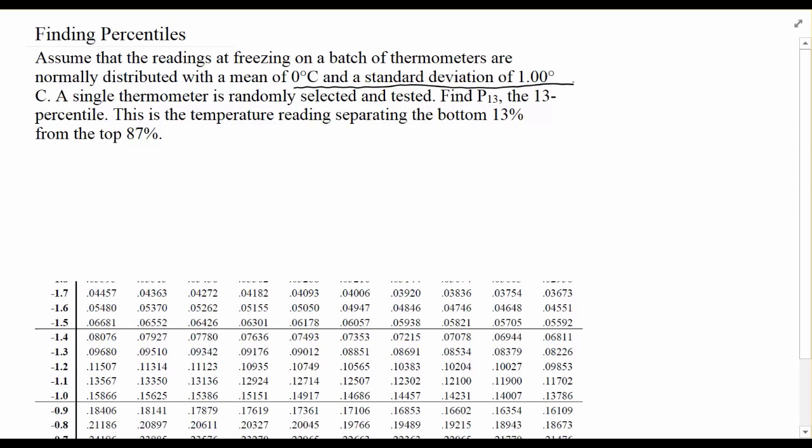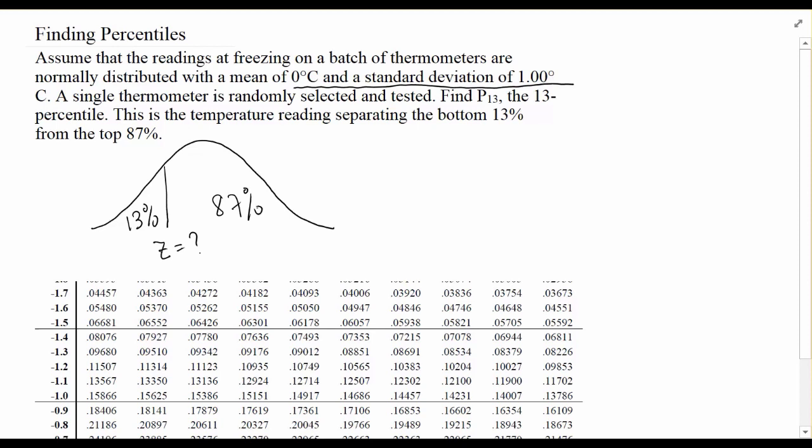The given condition is that a single thermometer is randomly selected, and we want to find percentile 13, the 13th percentile. This is the temperature reading that separates the bottom 13% from the top 87%. If we think about the normal distribution, what this is asking us is, at what z-score will we have 13% below us and 87% above us?